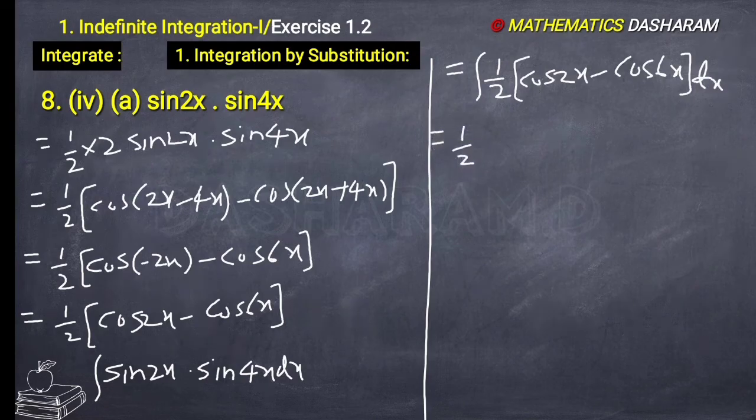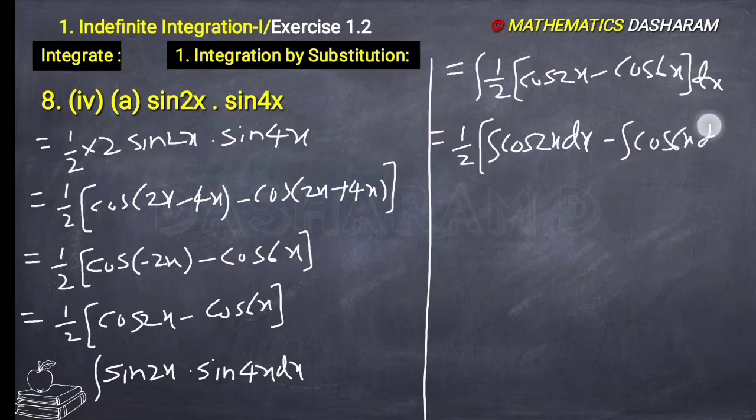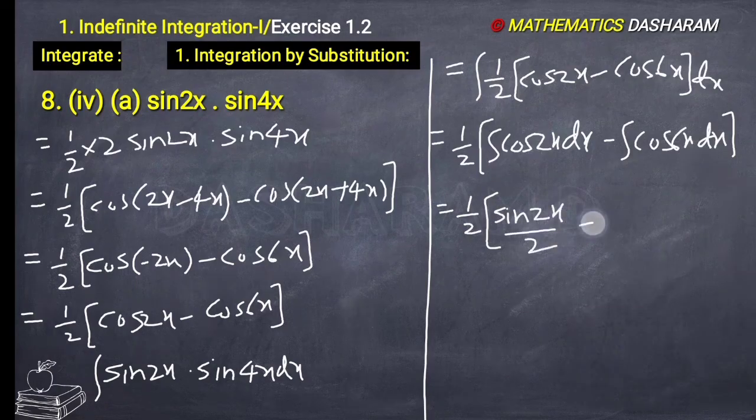Now apply the integration for each term separately. Cos 2x dx minus integration cos 6x dx. So it is equal to 1 by 2. Integration of cos 2x is sin 2x by 2 minus sin 6x by 6 plus c.